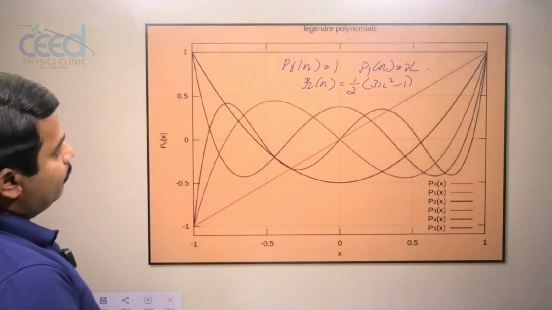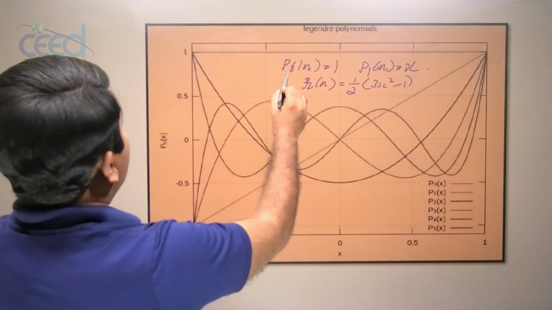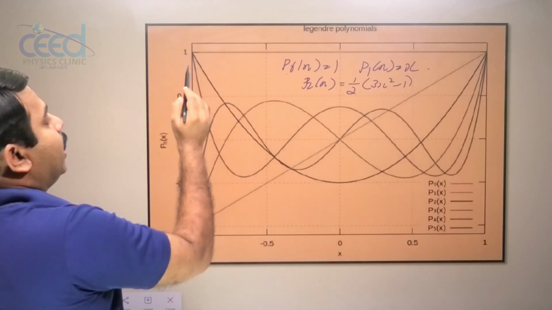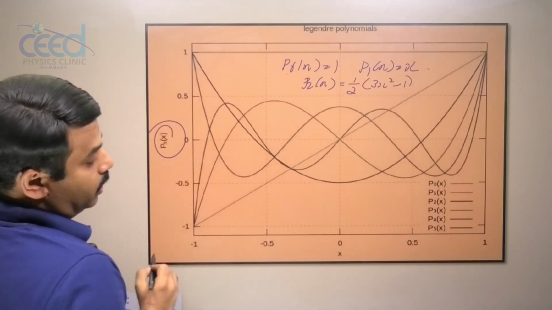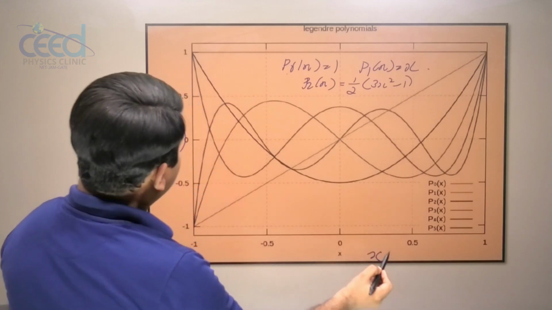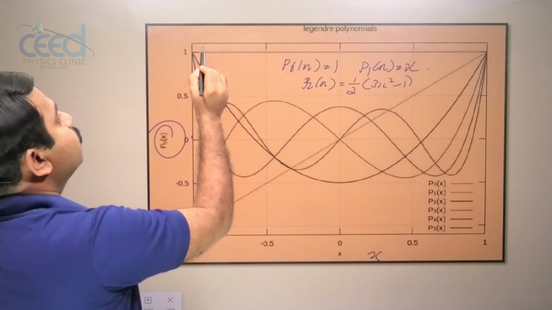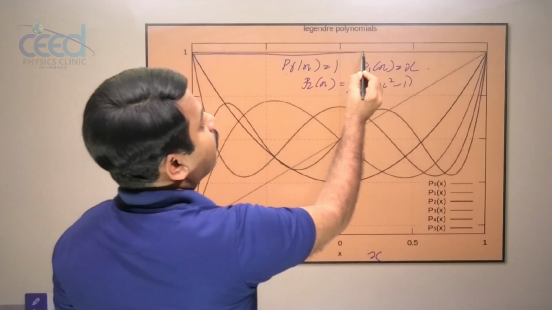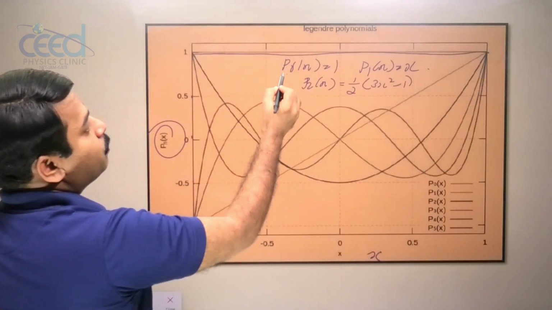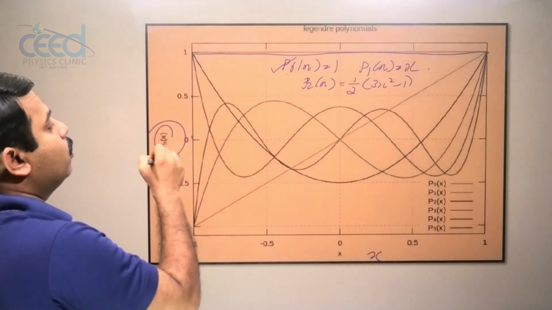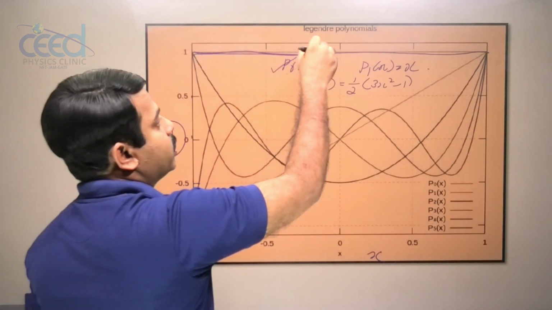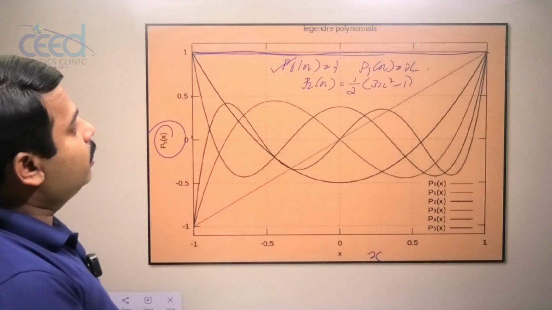Now look, p0 of x is equal to 1, this is pn of x, this is our x value. Here from minus 1 to 1, one straight line at 1 you can see, that is p0 of x. The pn of x value is a constant, that is 1, right?